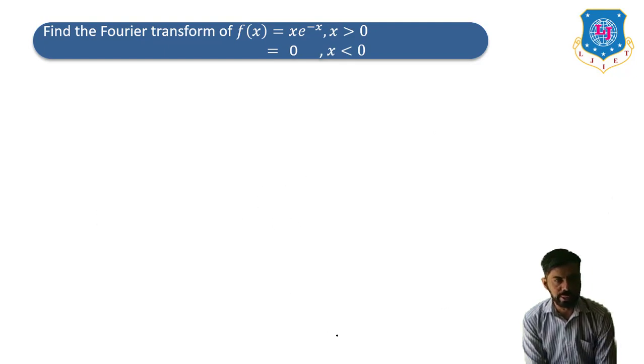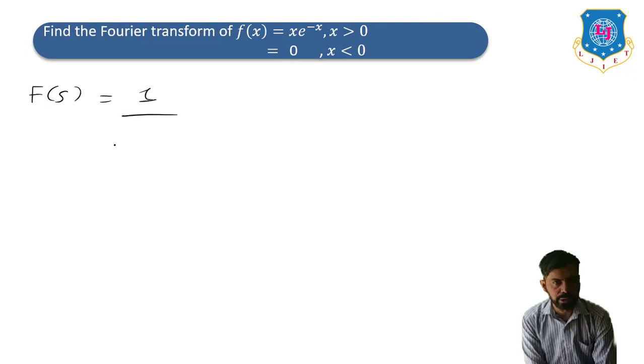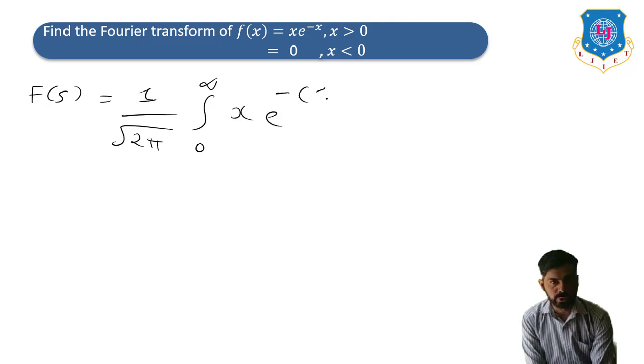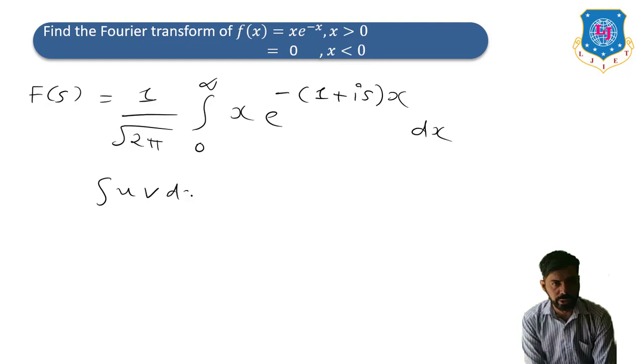So this can be written as F of s is equal to 1 over square root 2 pi, integration 0 to infinite, x into e raised to minus x common in bracket 1 plus i into s into x, dx. Now here using Bernoulli's formula, that is integration of u v dx is equal to u v1 minus u dash v2 plus u double dash v3 minus and so on.